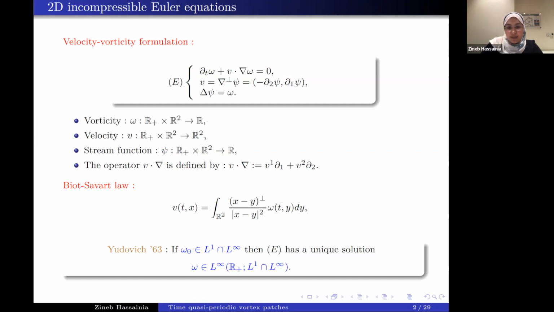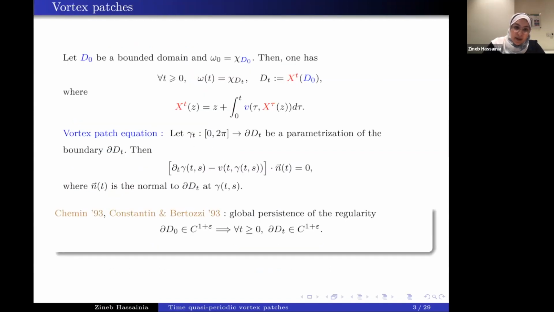Now, we know from Yudovich theory that we have a global existence and uniqueness of weak solution for initial vorticities in the class of integrable and bounded functions. As a byproduct, if we take a vortex patch, which is the characteristic function of some domain D0, then the flow generated by the velocity field is uniquely determined, continuous, and carries the vorticity.